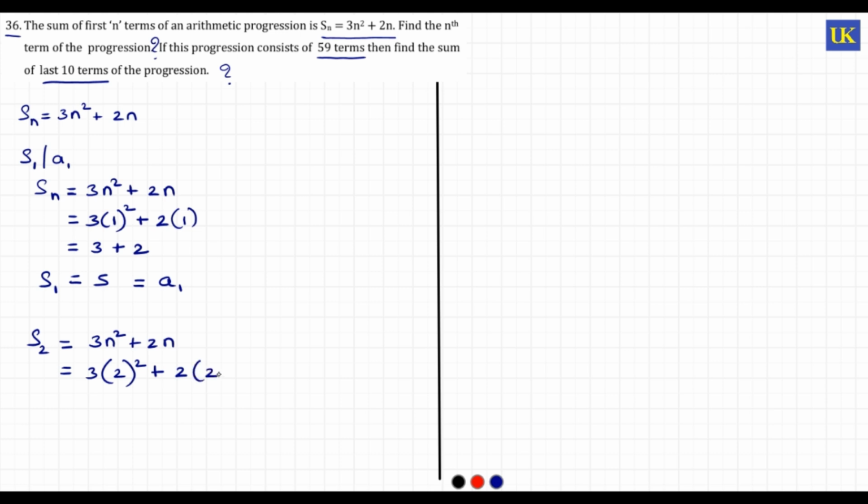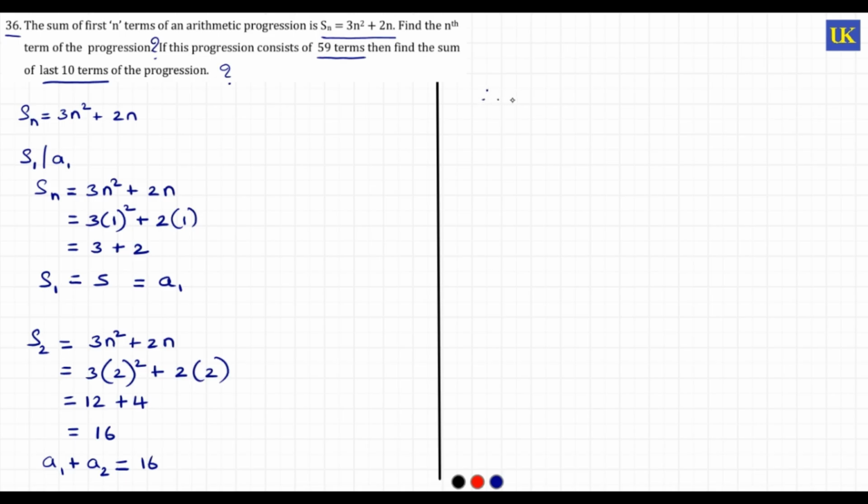So 2 twos are 4, 4 threes are 12, plus 2 twos are 4, 12 plus 4 is 16, right? Essentially what this 16 means is that A1 plus A2 will be equal to 16, because it is the sum of the first two terms. So if we add the first term and second term, we are going to get 16.